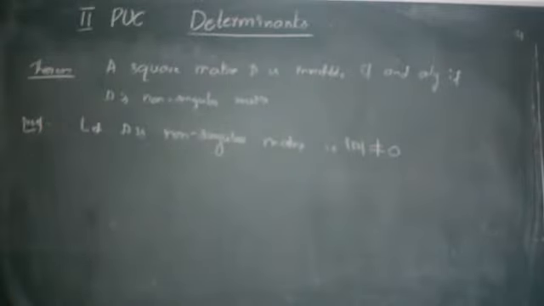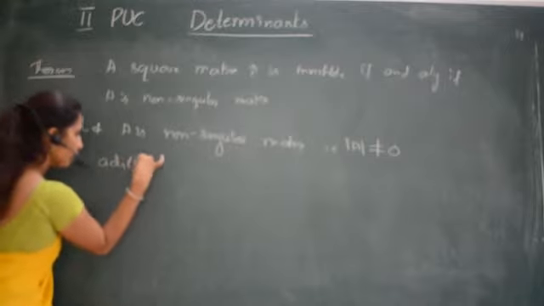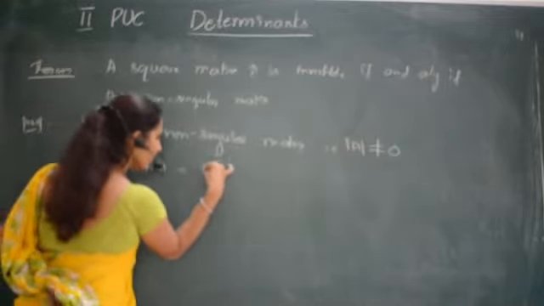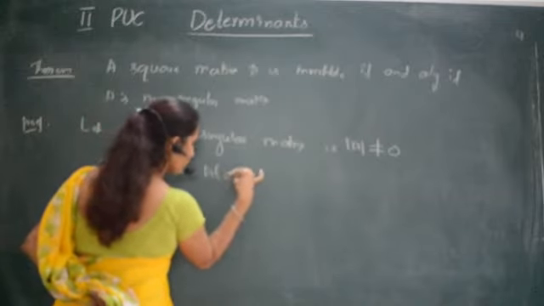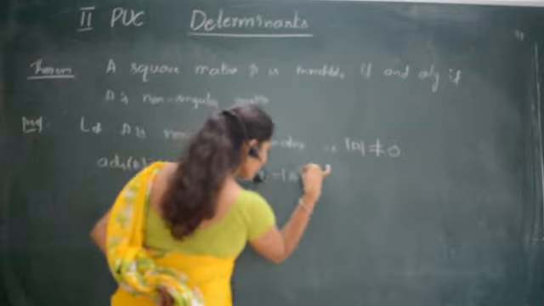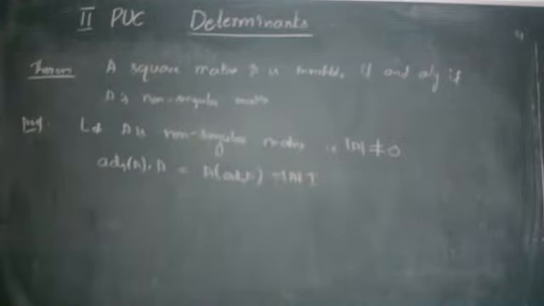Already we have studied one of the results, that adjoint of A into A is equal to A into adjoint of A, which is equal to determinant of A into I. This we know very well, and we have proved this result also.